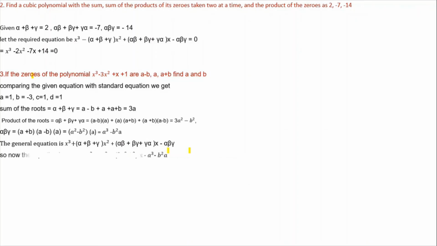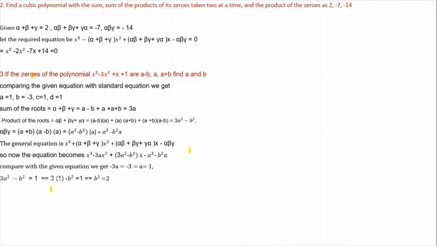Now, if you substitute the values, the equation becomes x cube minus 3a x square plus (3a square minus b square) x minus (a cube minus b square a). When this is compared with the given equation, we can clearly note that minus 3a is equal to minus 3, that is, a is equal to 1. And if a is equal to 1, 3a square minus b square is equal to 1. Then we get the b square value as 2. B square is equal to 2.